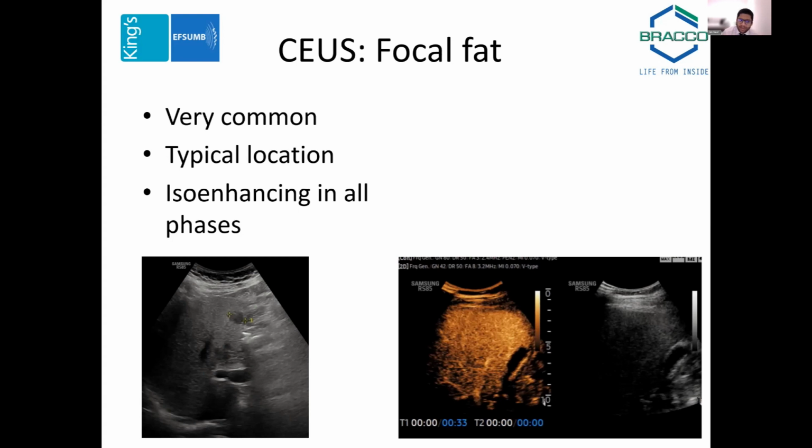Although they often have a geographical appearance, they can look quite typical, adjacent to the falciform ligament, adjacent to the gallbladder, anterior to the portal vein. They can look nodular and they can be difficult to determine. But they are ultimately normal liver, so they enhance the same as the background liver in all phases.